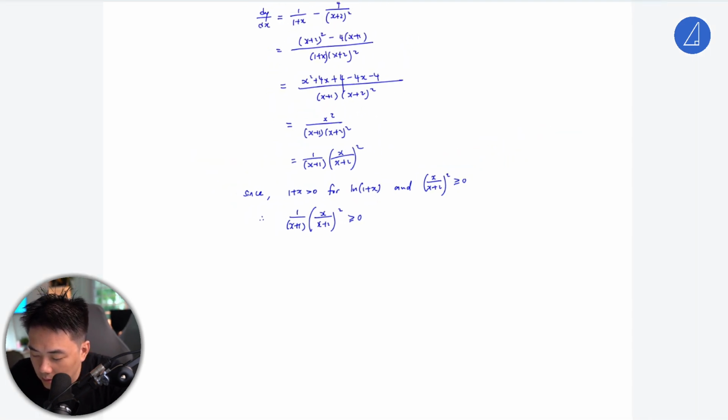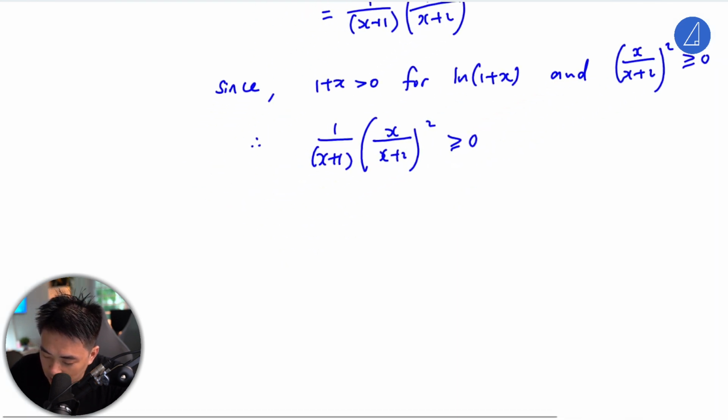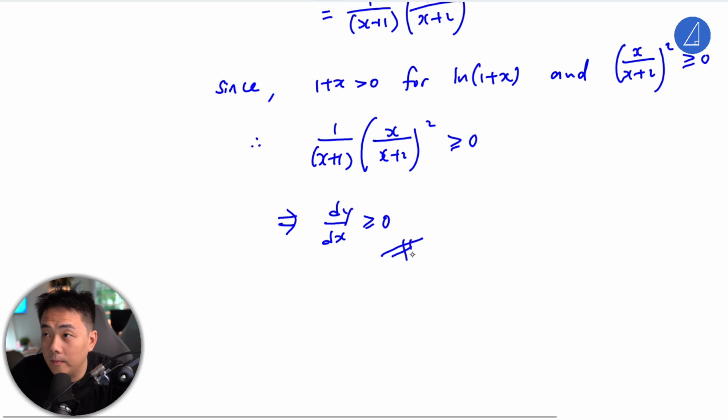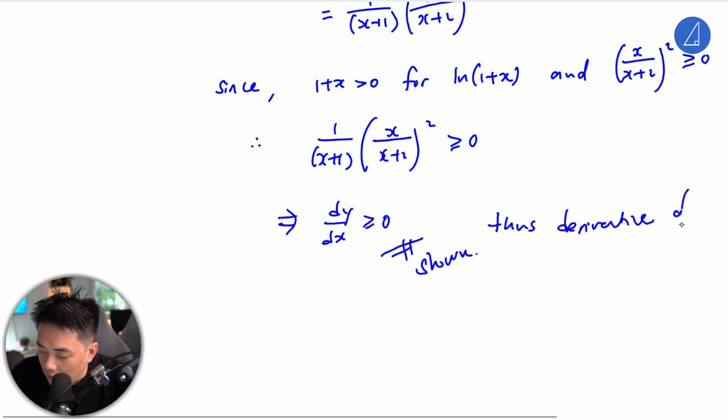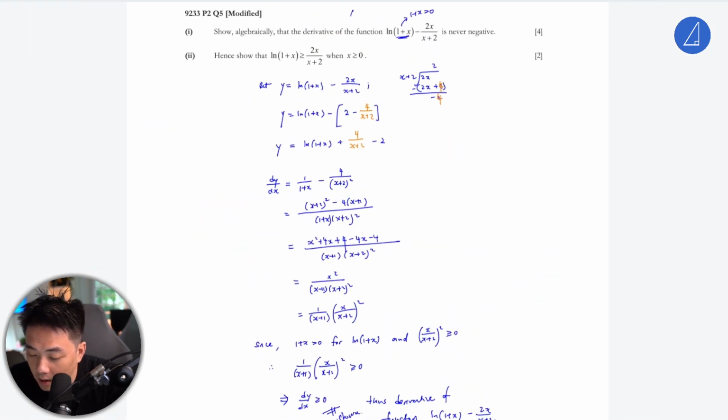So this will imply that dy/dx is at least 0. So shown. Thus the derivative of the function ln(1 + x) minus 2x over x + 2 is never negative. You can put the graph out and you will see that it's never negative. All right, so that's done.